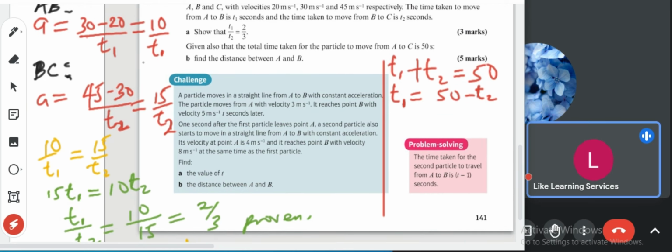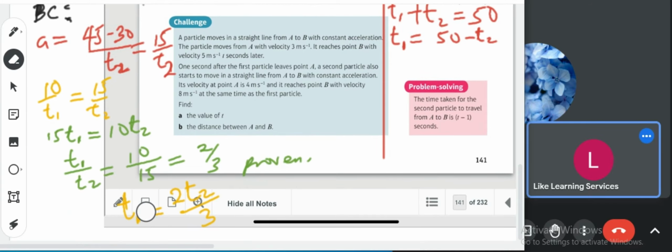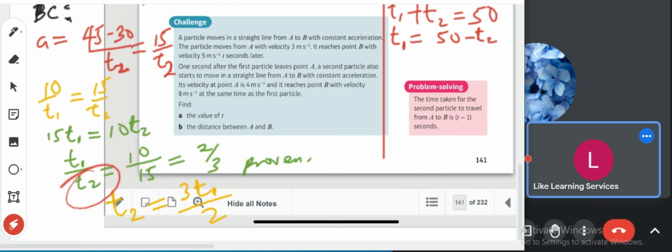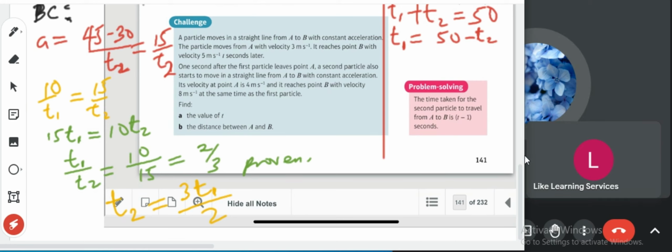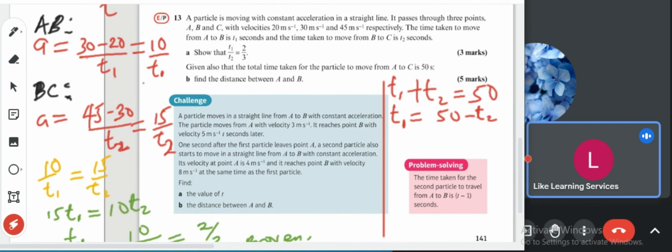Okay, so find the distance between A and B. Actually, we should have made T2 the subject of the formula. Since T1 over T2 is equal to 2 over 3, T2 should be 3T1 over 2, which you can substitute here.